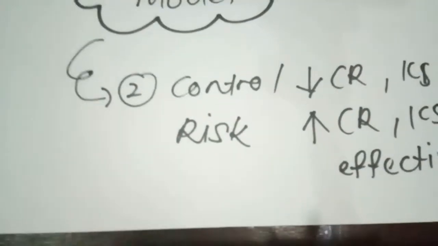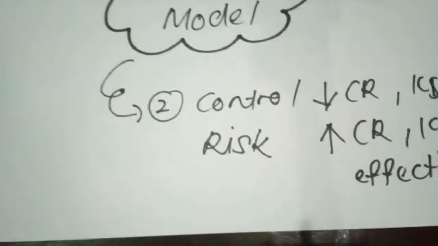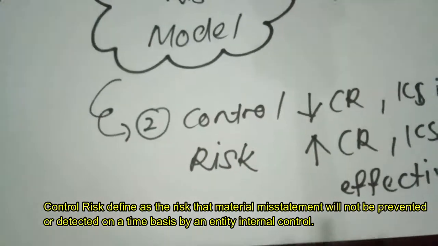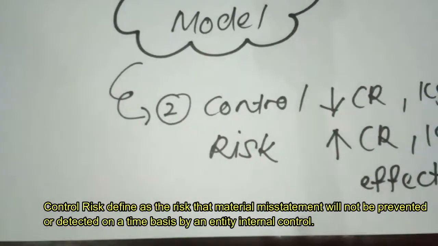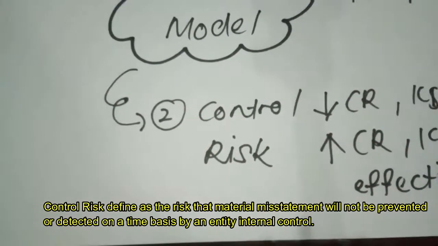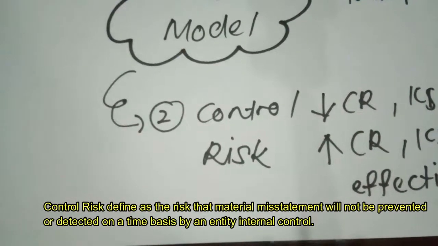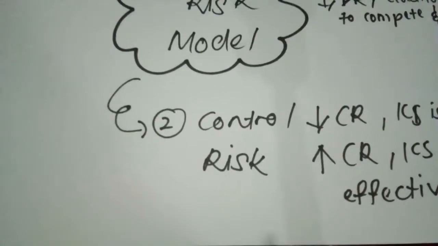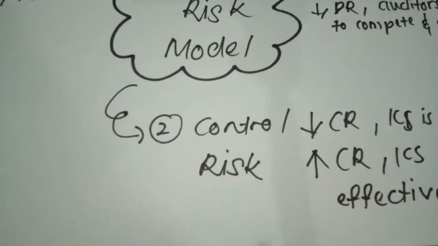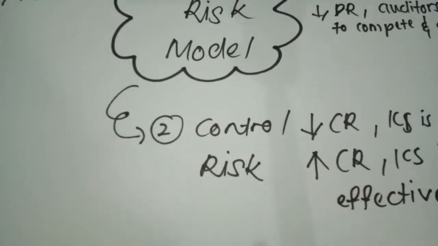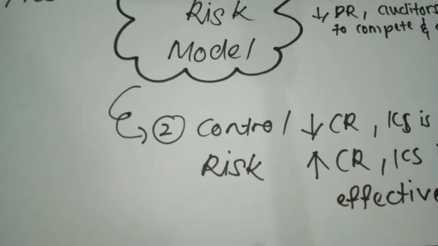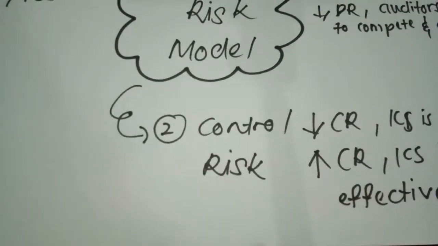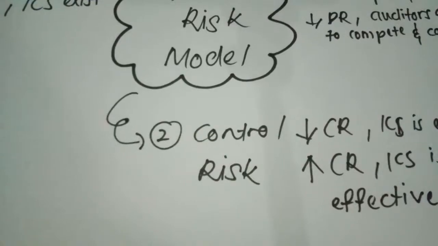Now go to the next risk, which is the control risk. Control risk is defined as the risk that material misstatement will not be prevented or detected on a timely basis by the entity's internal control. For example, human error, carelessness, faulty judgment, and communication breakdown. As for the assessment of control risk, there will be two.